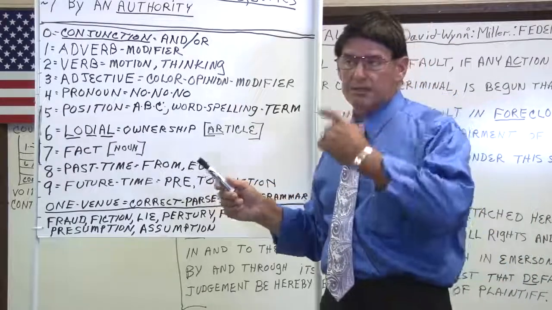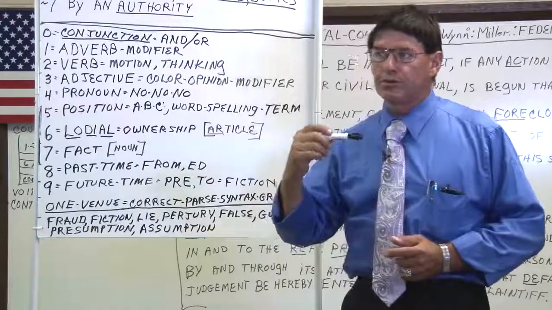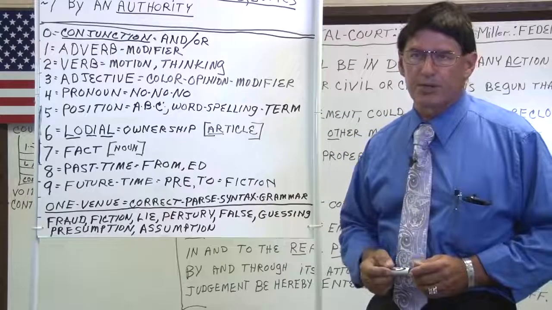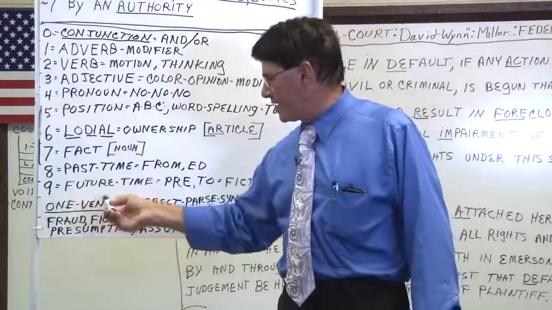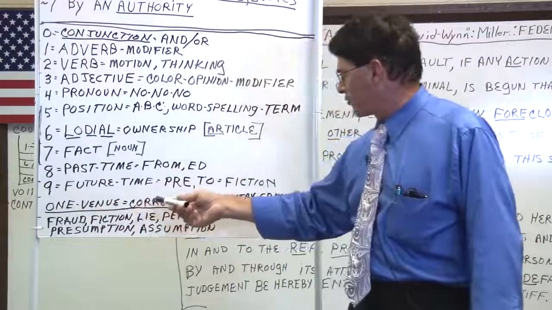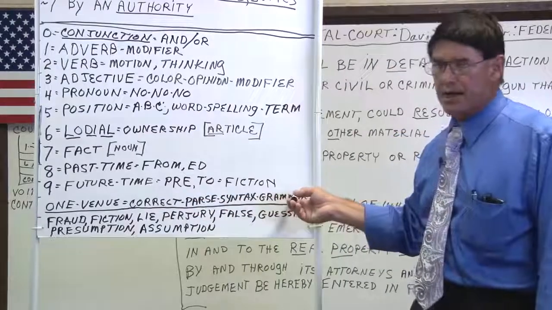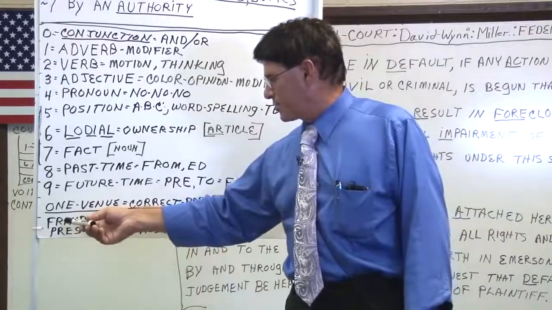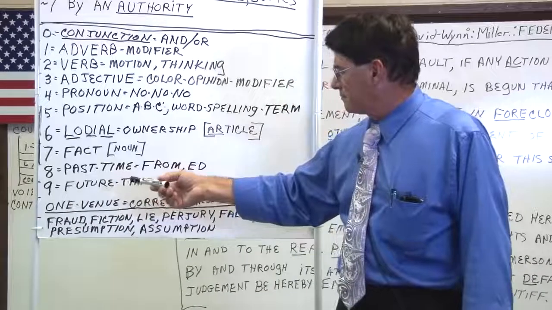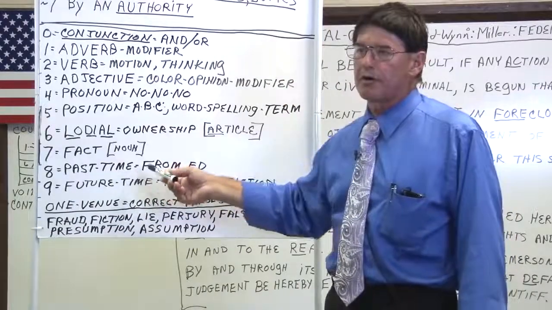When we went to school, they taught us that a sentence must be one thought. So we have a one venue or one condition of thought, which is the correct parse syntax grammar. However, in the world of fraud, you're going to have going to the store from the house.